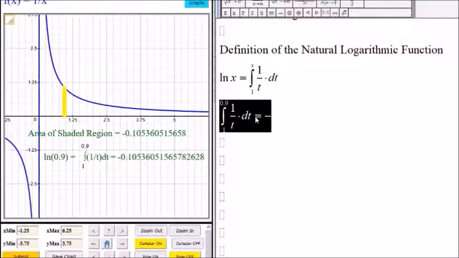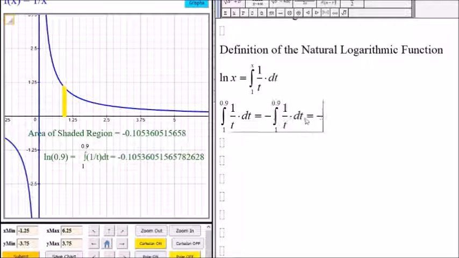And so this would be the same as this. If we switch the limits of integration, we have to have a minus in the front.